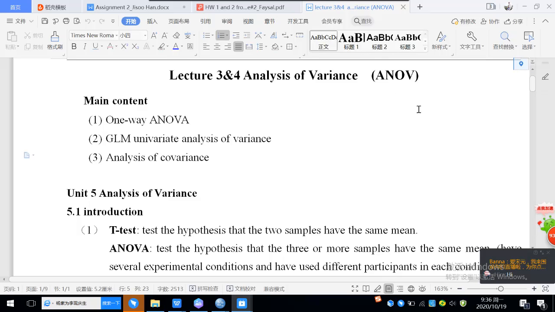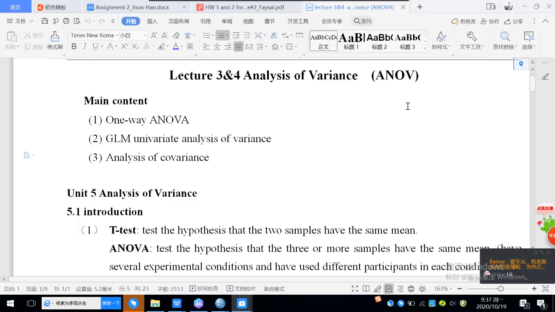It's also a way similar to the T-test. Please pay attention to the similarity and the difference between the T-test and ANOVA.